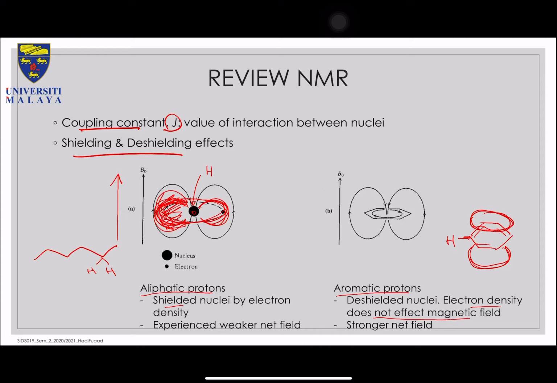So in this case, you get additional effects of the aromatic structure on the protons, while on aliphatic protons you have the opposite. Therefore, you get a higher ppm, or a higher chemical shift, for aromatic protons, while aliphatic protons get a lower chemical shift, which we give as a ppm value. So just a very basic review.